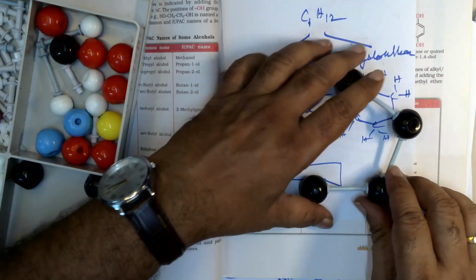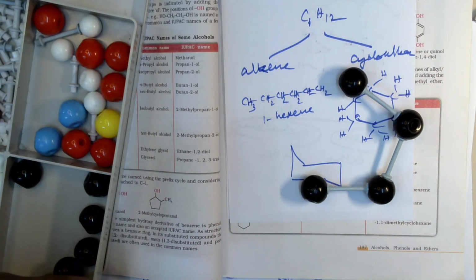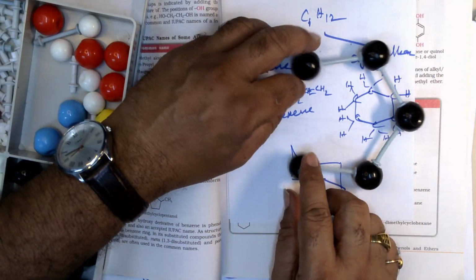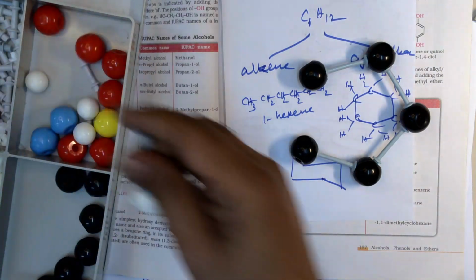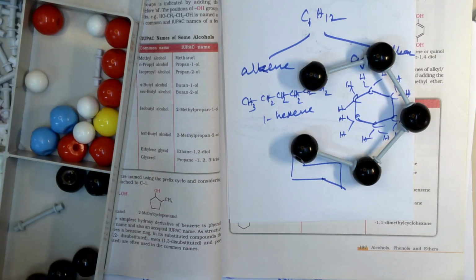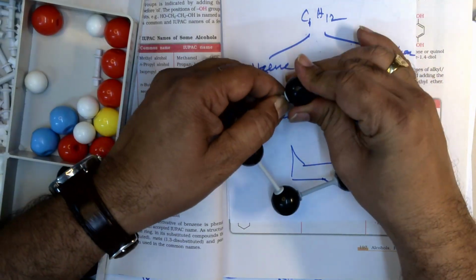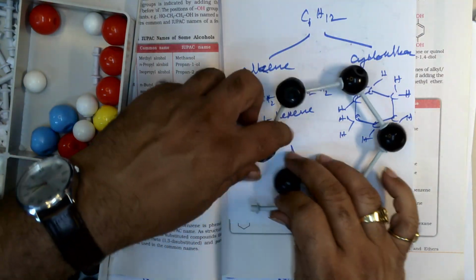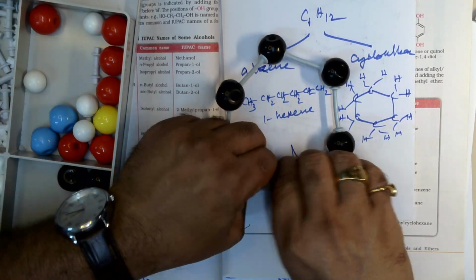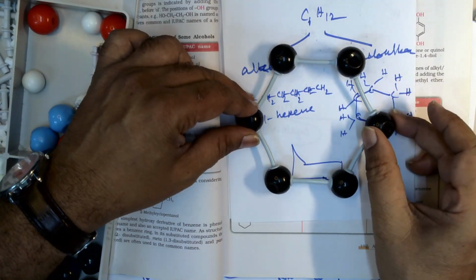Okay, so let us imagine this one part, and I have to join one more part. Now you just look at this. This is the hexagon. Are you able to follow?